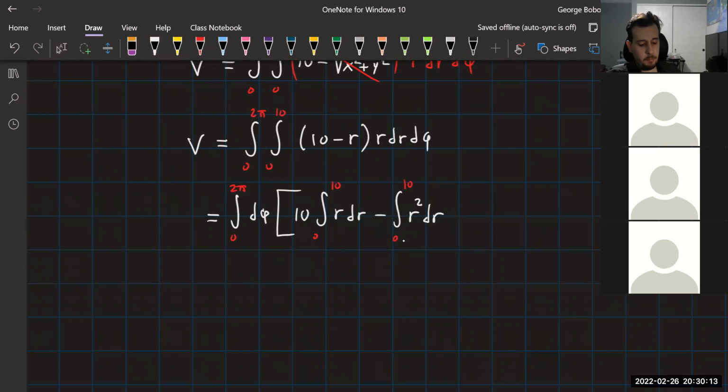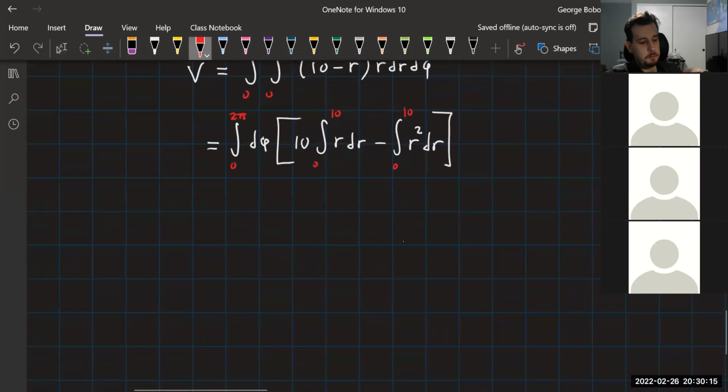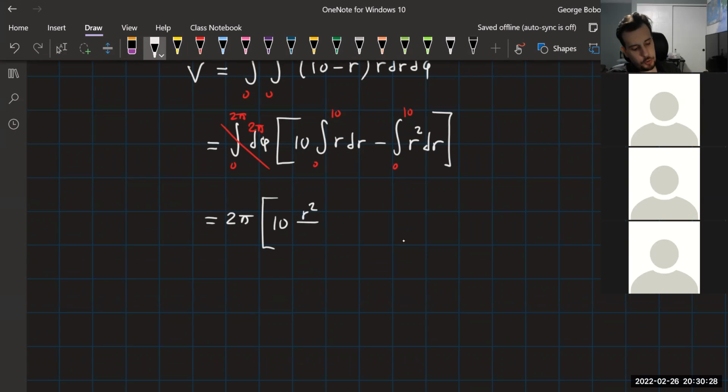That looks good to me. So the phi integral here is like 2 pi. And we do the rest of them. So we got 2 pi. Let's see. 10 r squared over 2 minus r cubed over 3. And this is all getting evaluated from 0 to 10.